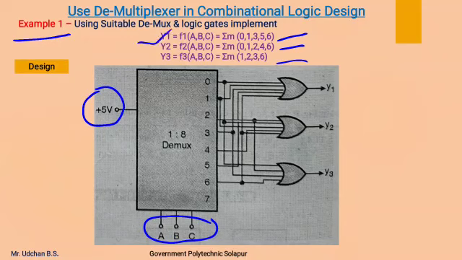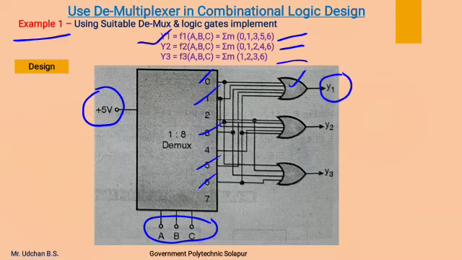Now if we observe the first equation, it contains decimal numbers 0 1 3 5 6. The 1:8 demultiplexer has 8 outputs, 0 to 7. Now 0 1 3 5 and 6 are connected to the OR gate to get the y1 output.